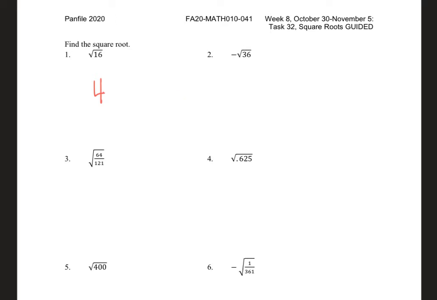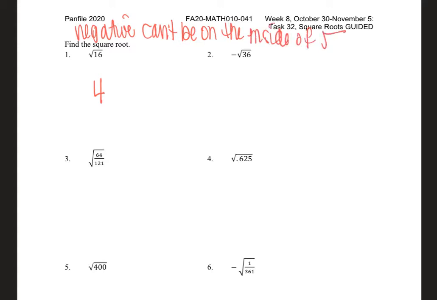All right, so if we look at the square root of 36, now the biggest rule is the negative can't be on the inside of the square root, okay? It's just not allowed. If you see that, then you can say no solution, no real solution, it's called.